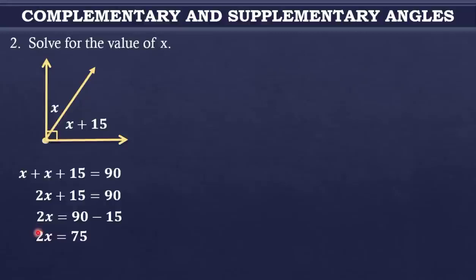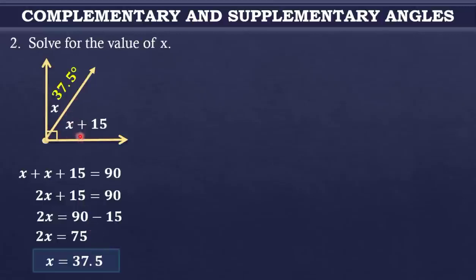75 divided by 2, that is 37.5. So, ibig sabihin, etong value ng x natin is 37.5. This angle measures 37.5 degrees, kasi yung nakuha nating x ay 37.5. Now, paano naman natin makukuha yung measure nitong isang angle?